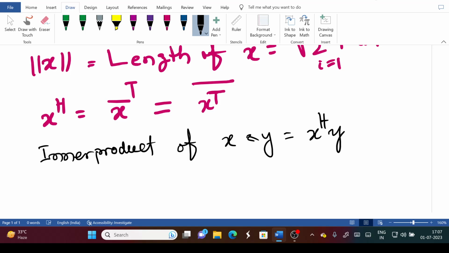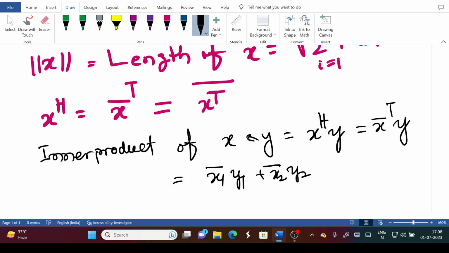How to write it down? xH y is equal to x bar transpose of y, that is, x conjugate transpose into y. That is equal to x1 conjugate y1 plus x2 conjugate y2 and so on, up to xn conjugate yn.